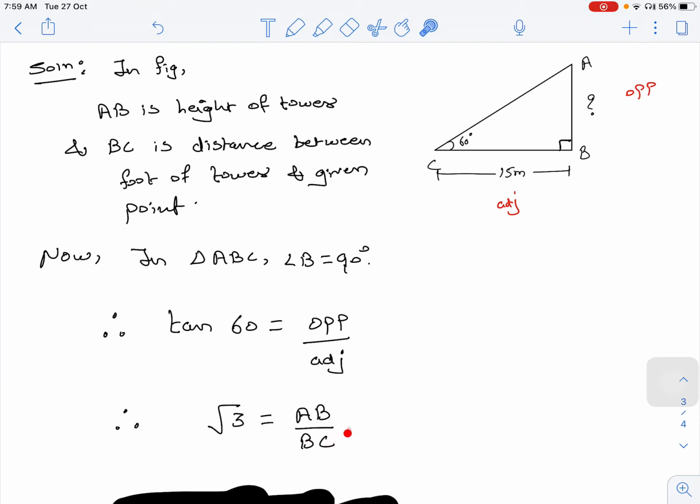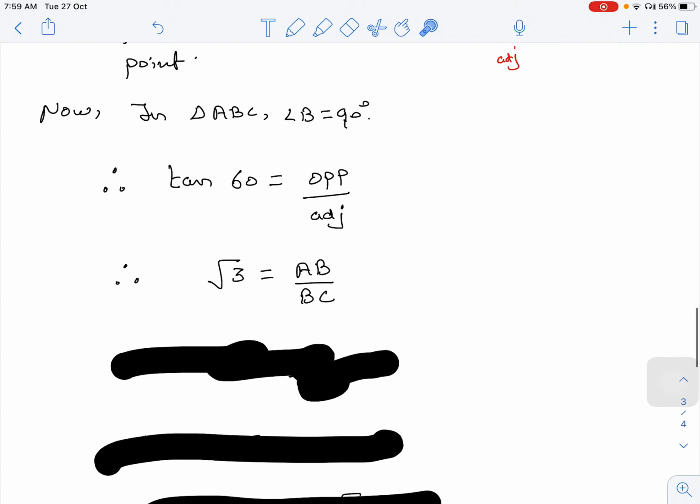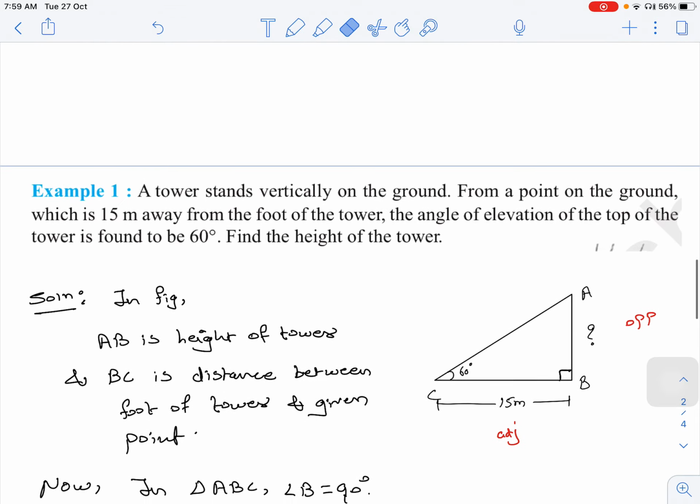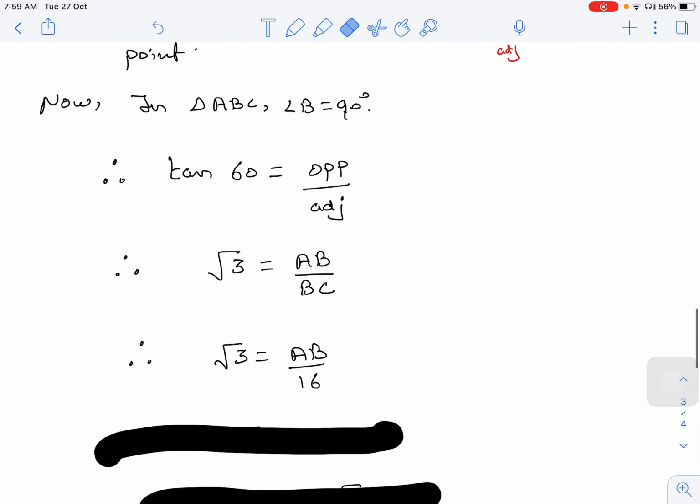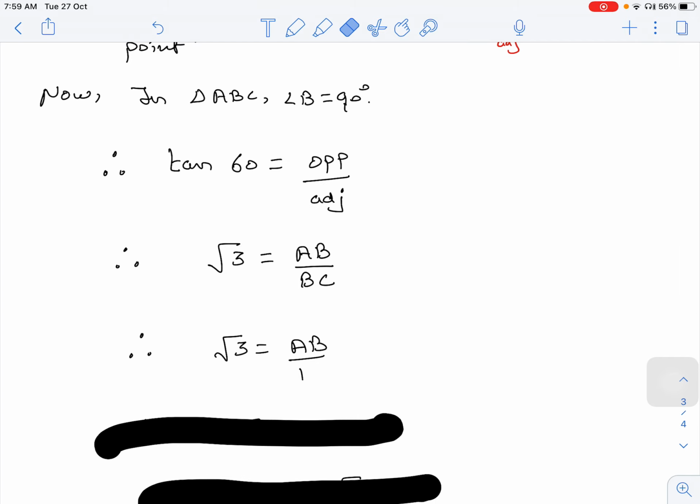Amongst AB and BC, AB is the height of the tower, which is unknown, but we have the value of BC, that is 15. So we have written that value here. Now we want AB alone on one side, so we change the side of this 15.